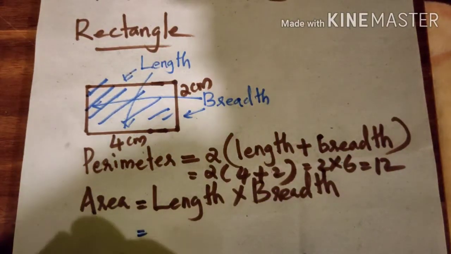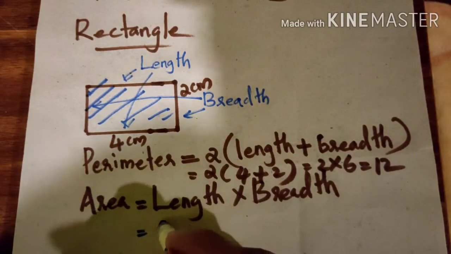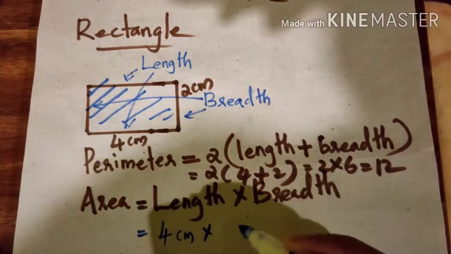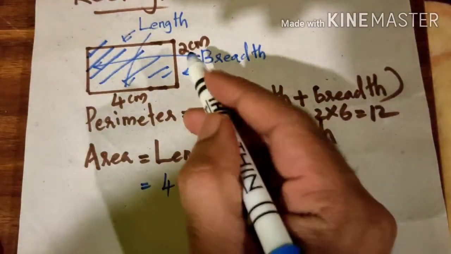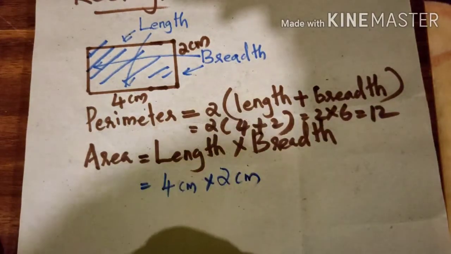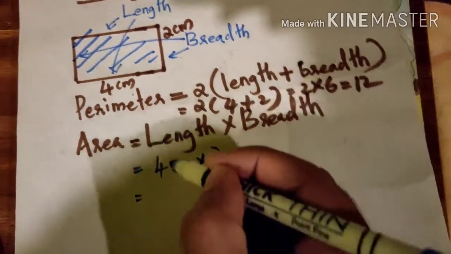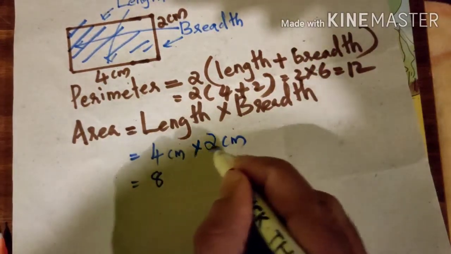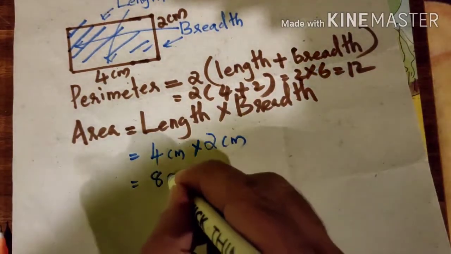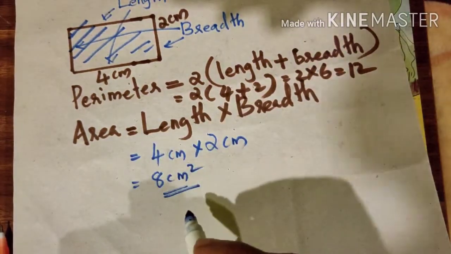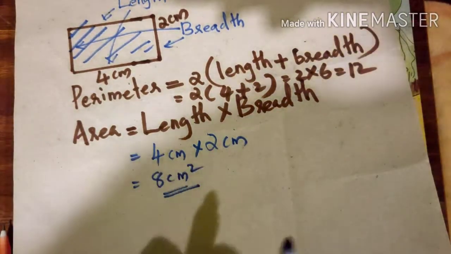Here in the figure, 4 centimeter is the length, into 2 centimeter is breadth. So 4 into 2 is 8 centimeter into centimeter, centimeter square. So 8 centimeter square is the area.